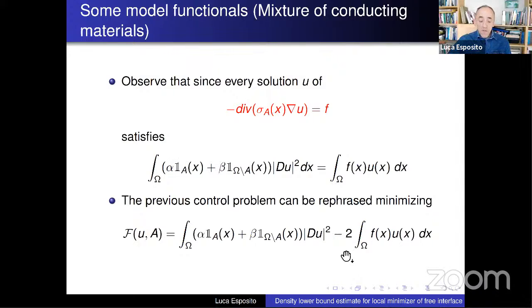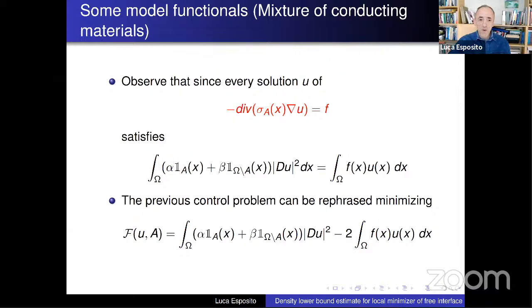Unfortunately, in the way we have formulated this problem, the problem is ill-posed. Indeed, in general, there is no solution to this problem.